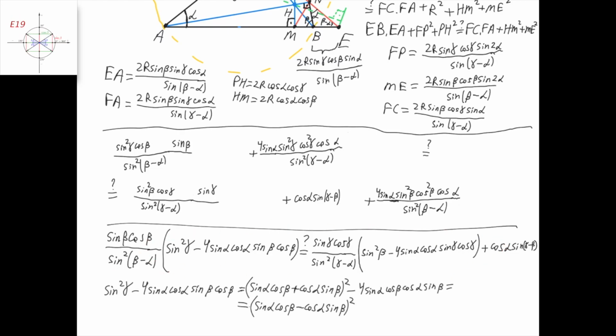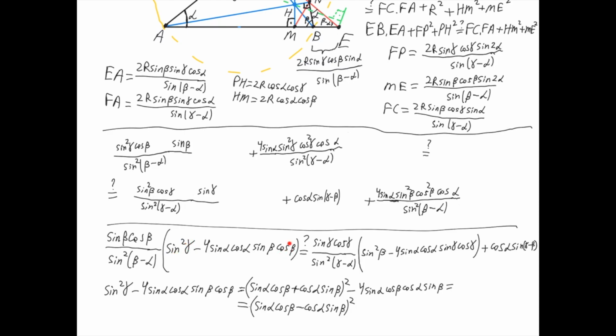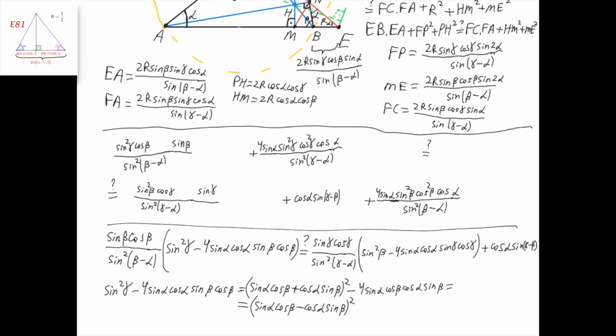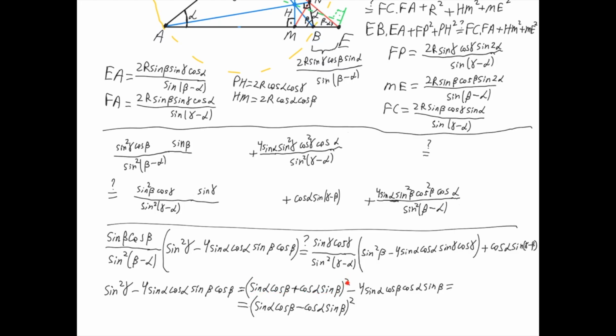Now note that sine of gamma equals sine of alpha plus beta, since alpha plus beta plus gamma is 180 degrees. And so this expression, sine squared of gamma minus 4 sine alpha cosine beta, can be rewritten as sine squared of alpha plus beta minus this. But sine of alpha plus beta equals sine alpha cosine beta plus cosine alpha sine beta, so this thing is squared, minus this expression, 4 times sine alpha cosine beta cosine alpha sine beta.